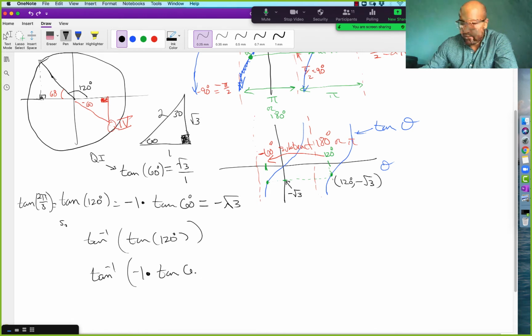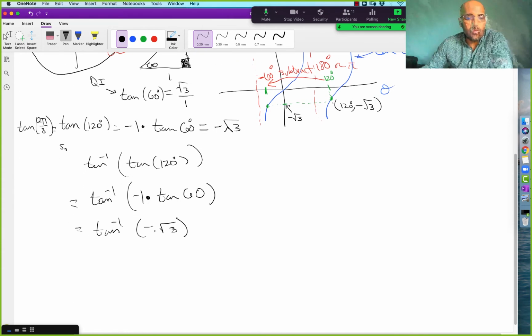Oh, sorry, tangent of 120 degrees. Oh, sorry, 60 degrees, like this. And then this was tangent inverse of negative root 3. Okay, but then when we apply this into tan inverse, we know we're going to get negative 60 degrees. So this was just writing it all in degrees. So if we started with that, that takes us to negative root 3. And negative root 3 takes us back to negative 60 degrees.